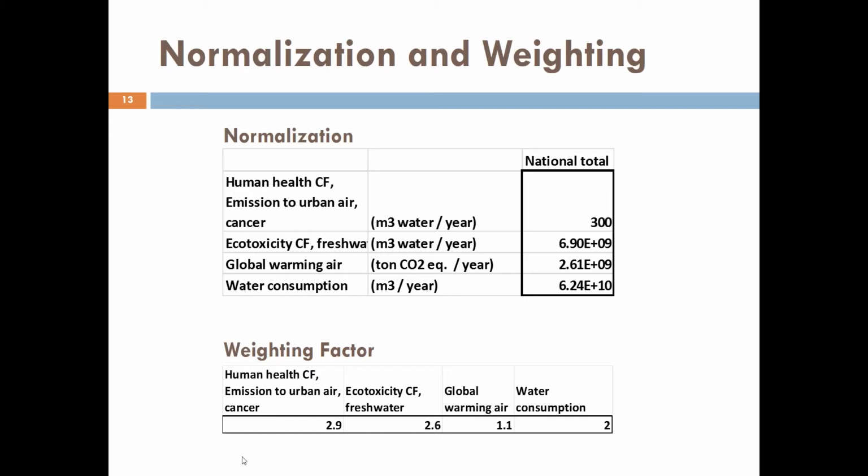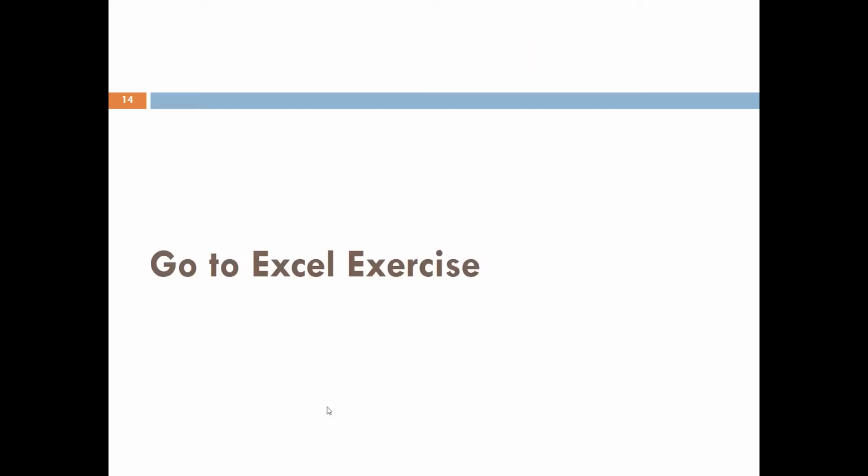In this particular example, human health impact is weighted as 2.9 and global warming is weighted 1.1, which is arbitrary, of course. Yesterday I showed you the EPA panel weighting factors that gave much higher global warming weights as compared to human health impact. But this is just an arbitrary number for the sake of our exercise.